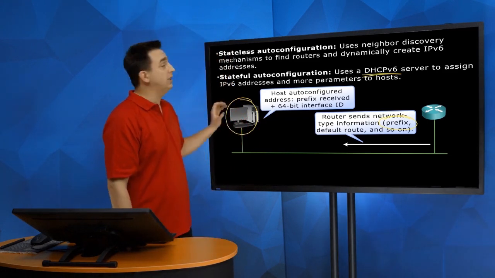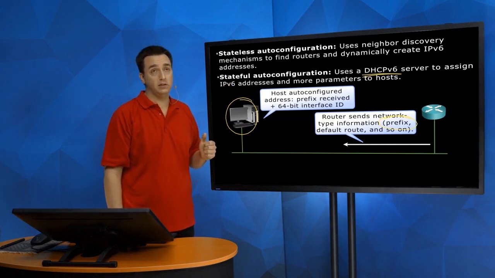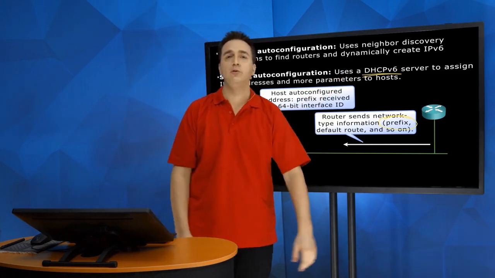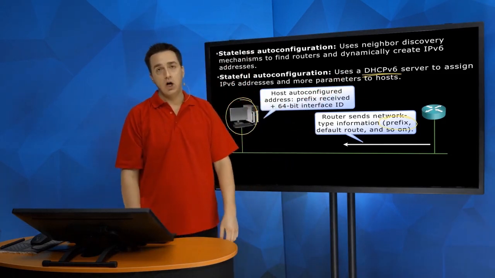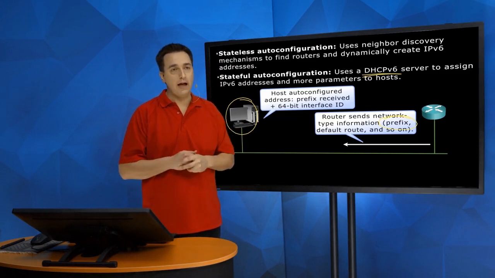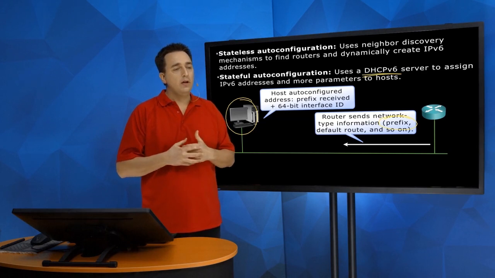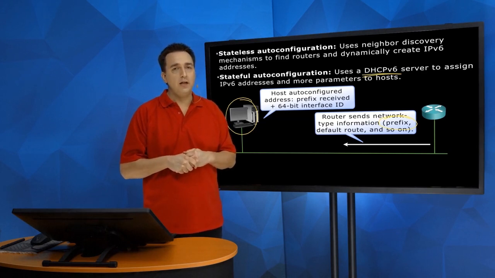So we will use stateless auto configuration by default in the clients to come up with the IP addressing, but if we don't have those router advertisements arriving, then we'll switch over to use DHCP v6 automatically. There's nothing you have to do about that. It'll happen automatically.